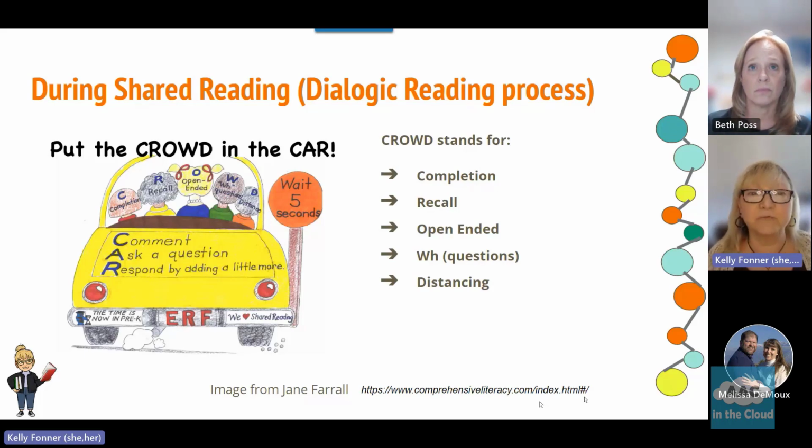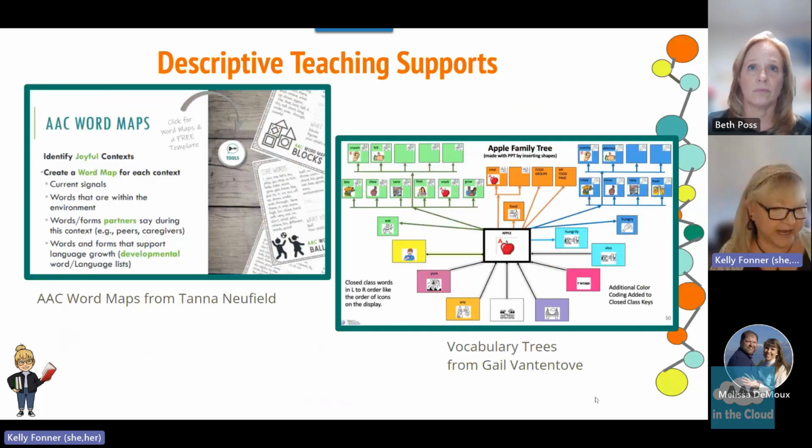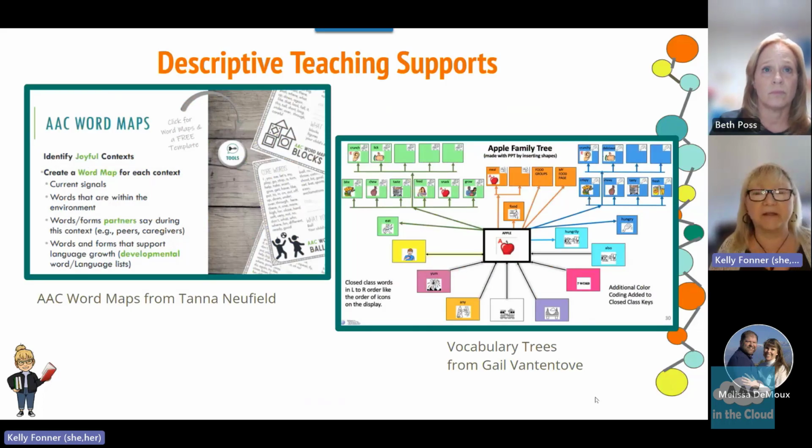And you'll find more information on this and other processes at Jane Farrell's website and some of the nice videos she has. Some other things that you'll hear people talk about in integrating and connecting AAC and literacy are strategies such as descriptive teaching, where we might not have all of the very specific fringe words that might be in a story.